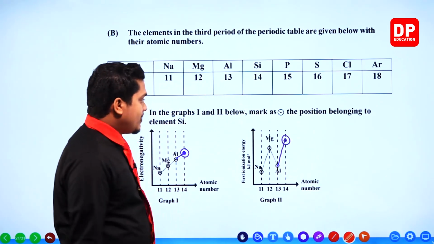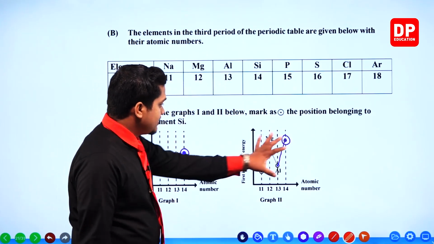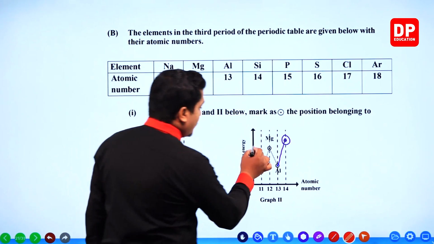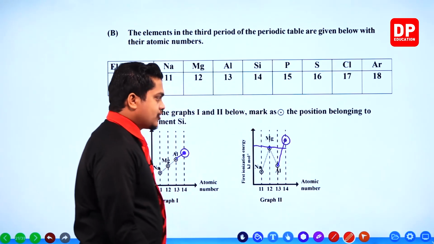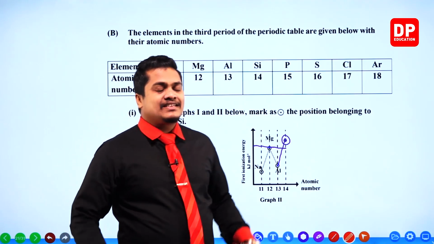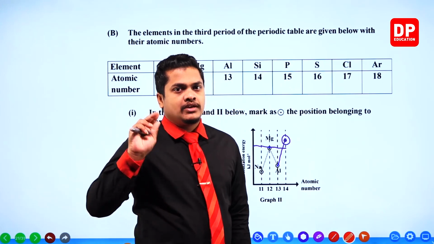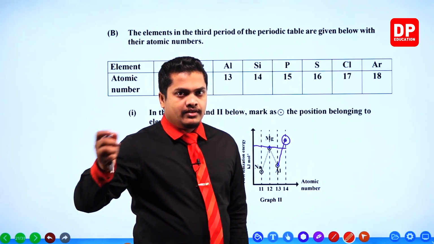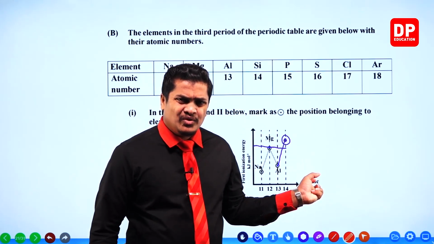So when you're marking this, definitely include it above the magnesium level, because it keeps increasing when moving from left to right, other than the groups 2 to 3, then 5 to 6. Those have not been asked here.